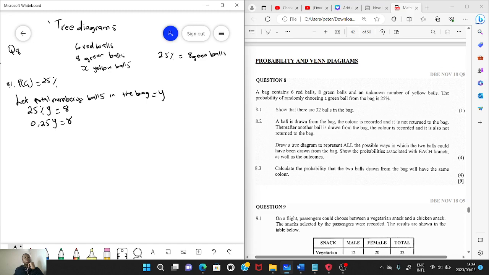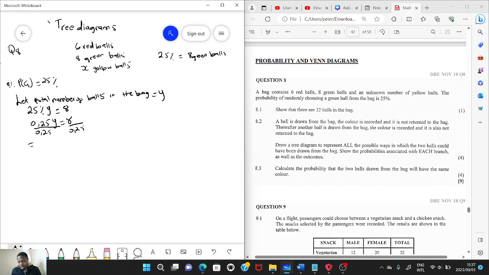So I'll divide both sides by 0.25. Okay, let's calculate it: 8 divided by 0.25 is 32. That's 32 balls, meaning we have 32 balls in the bag, as required.